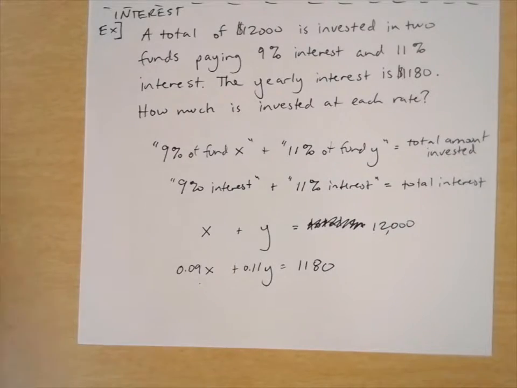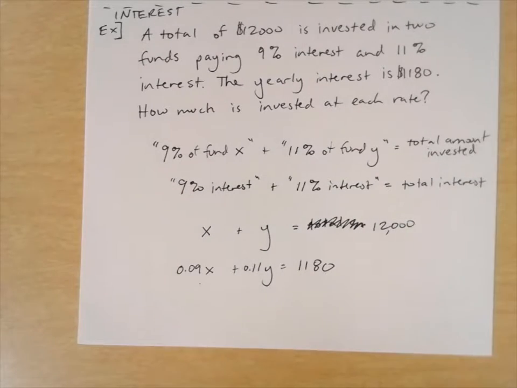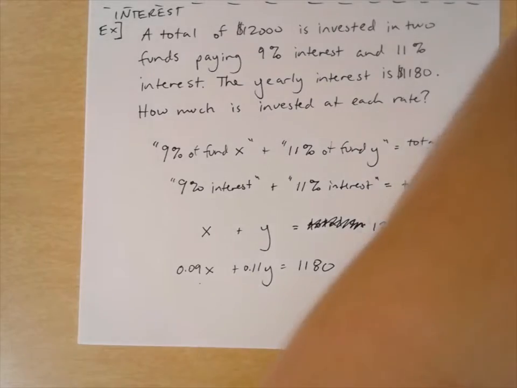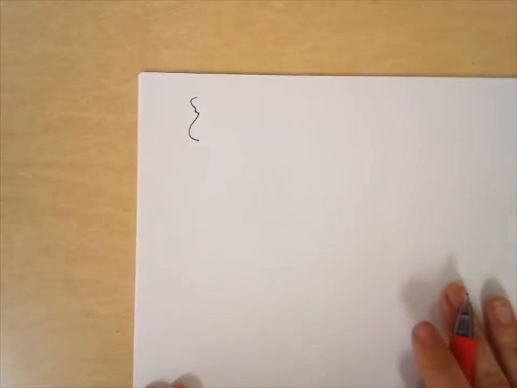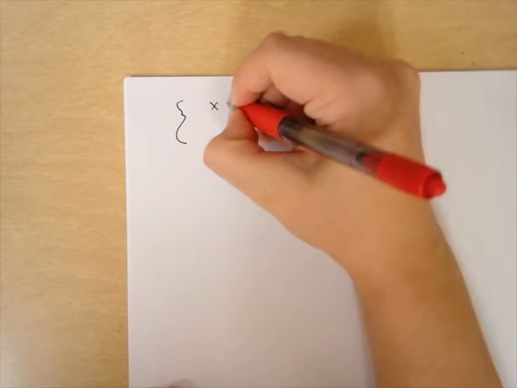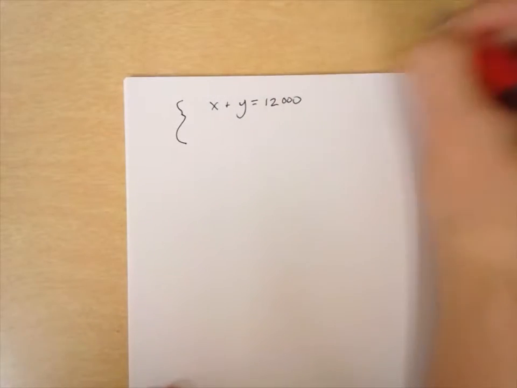Now we've got some numbers we can work with, but we can make them even easier to use. We're going to rewrite our system on a separate sheet of paper. We're still going to have x plus y equals 12,000.